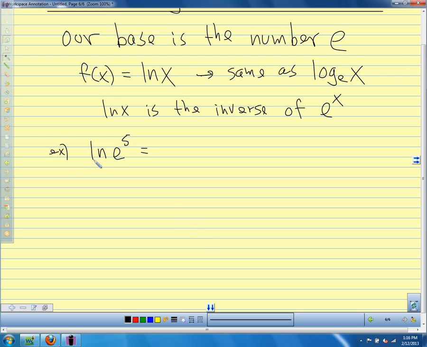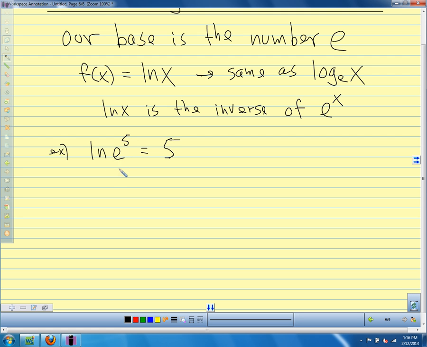What's the exponent on e that gives me e to the 5th? 5. I have to raise e to the 5th power to get e to the 5th, because e to the 5 equals e to the 5.